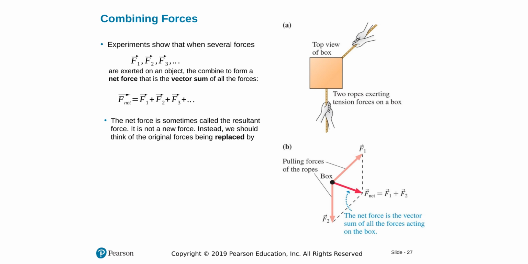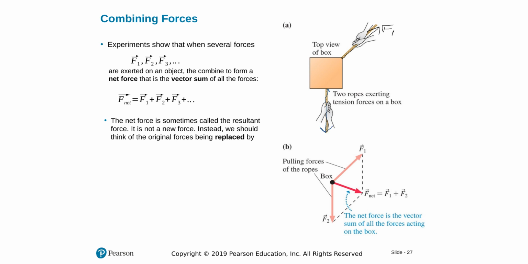If we have more than one force applied to an object, we will draw vectors of those forces. I'm going to draw the vectors here. This rope is pulling in this direction, so here we have a vector. We can call this F1. We have another vector downward. We can call this F2.